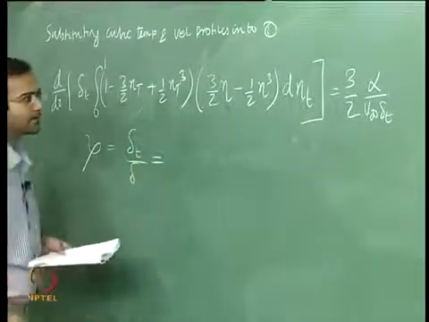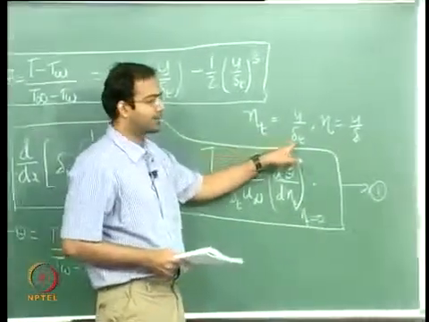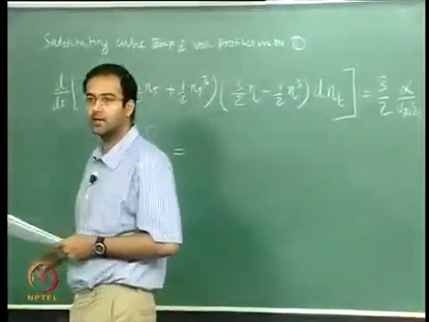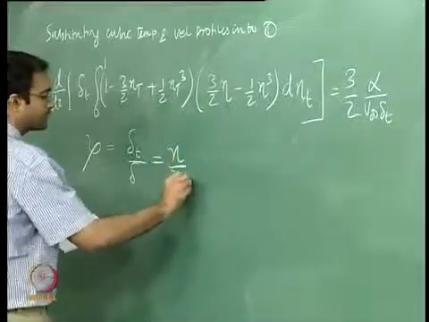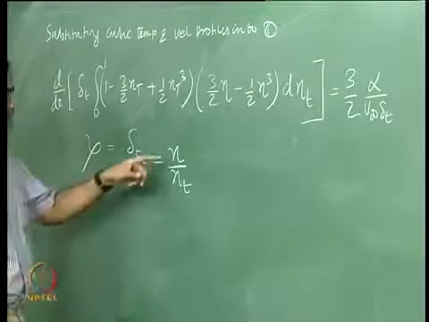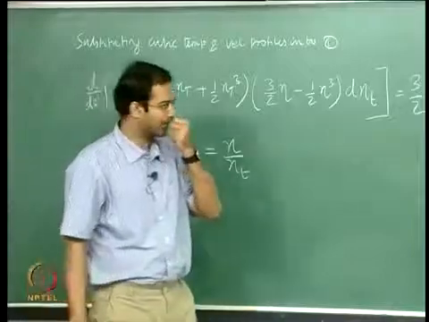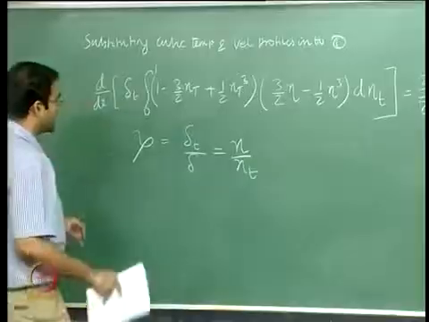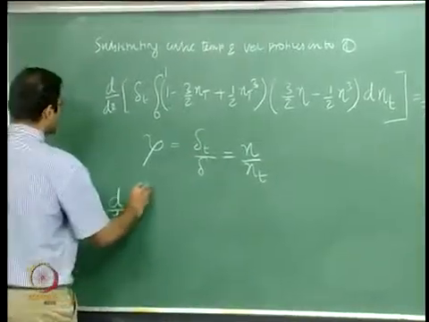Since I define eta as y by delta and eta t as y by delta t, you can also express this as the ratio of eta t and eta, so this will be nothing but eta by eta t. So now I can substitute eta as zeta into eta t. So this can be substituted into this and we can write this as d by dx.